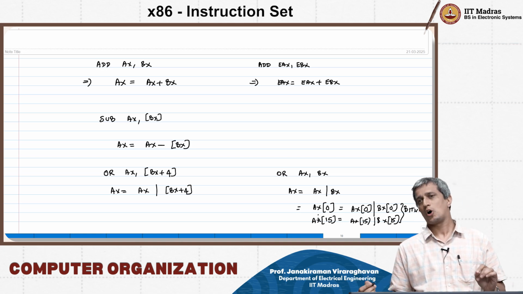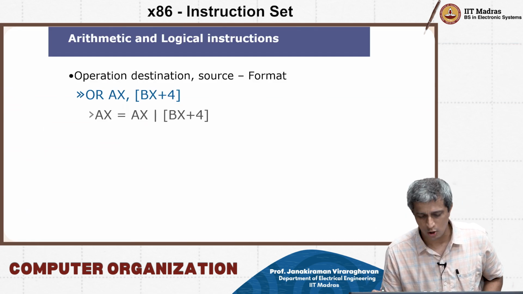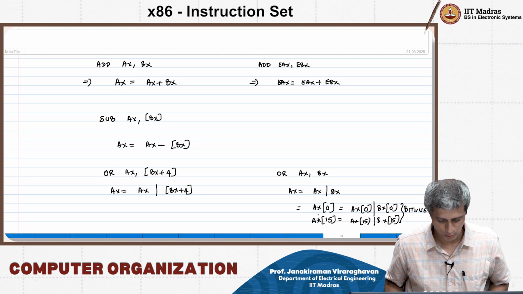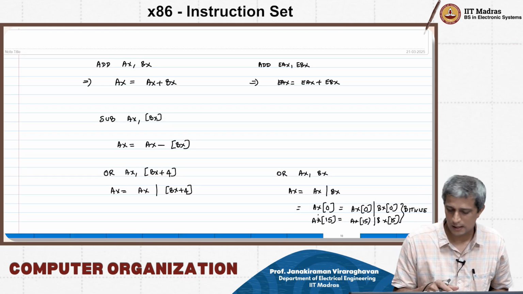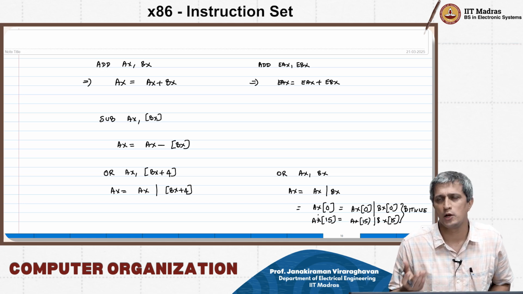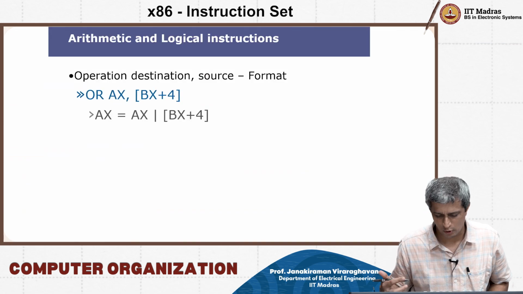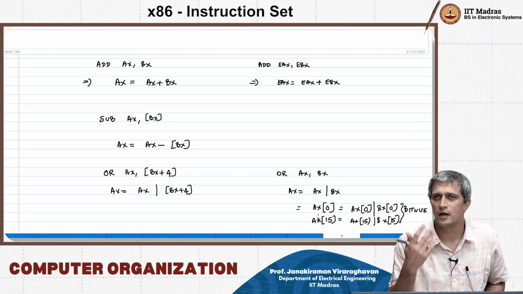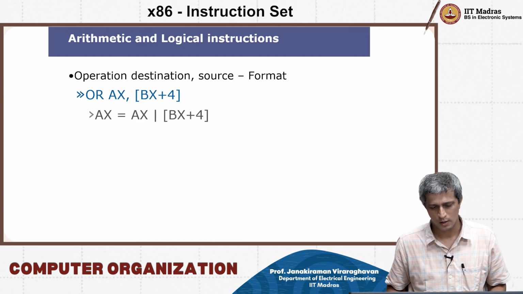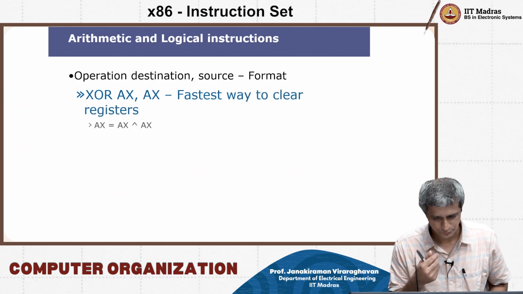This is a bitwise operation. So all the logical operations that we do are indeed bitwise operations. And the addressing scheme of course carries over whether you're doing ALU operations or move data transfer operations. You can take an address, add an offset, subtract an offset, whatever you want with it.